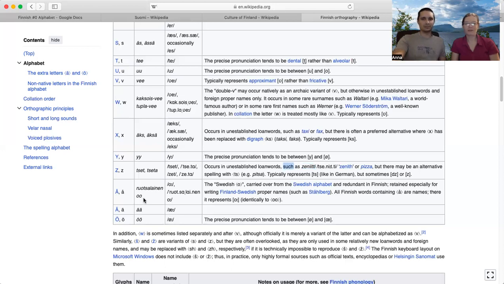We call it the ruotsalainen O, the Swedish O. You can meet this letter only in words of Swedish origin, and it's pronounced like O. I don't think any Finnish word has this letter.